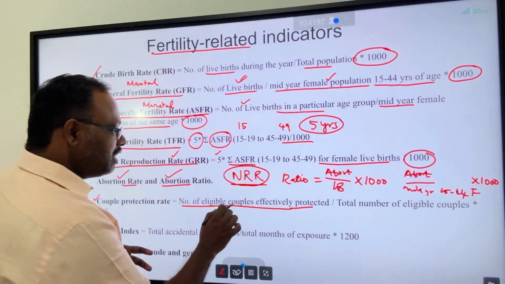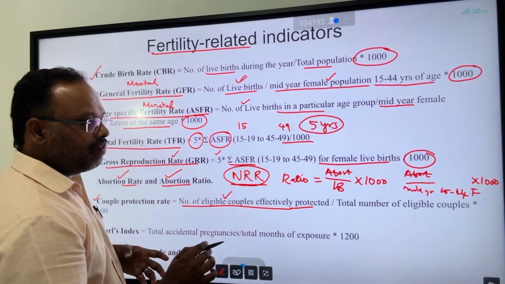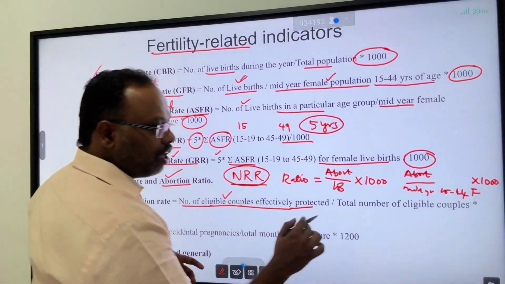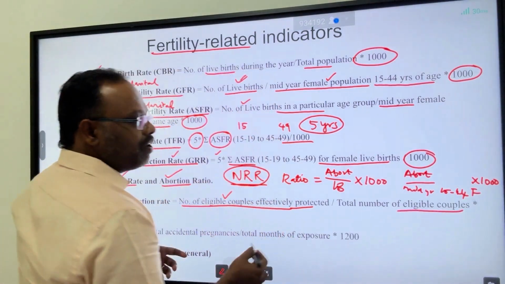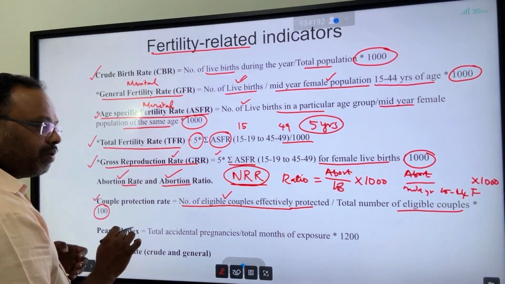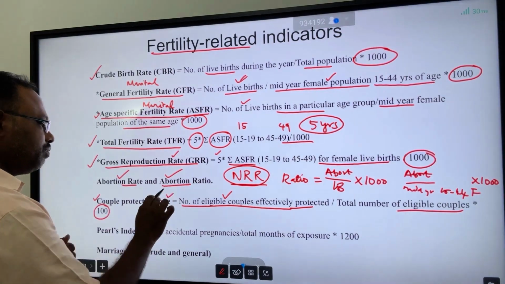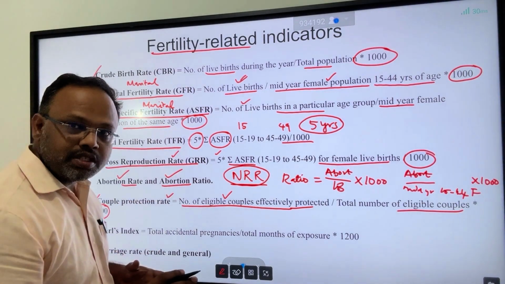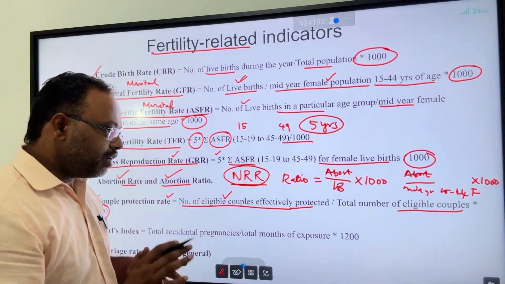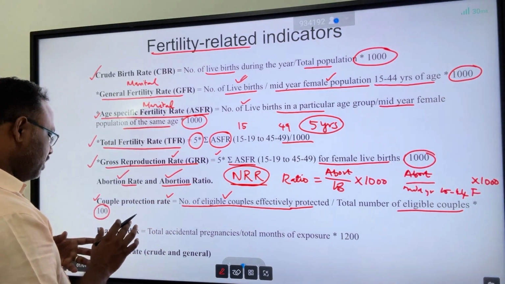They will be the numerator, and the total number of eligible couples will be the denominator, expressed as a percentage. The multiplication factor will be 100 here. So out of the eligible couples, how many are effectively protected is called the couple protection rate.